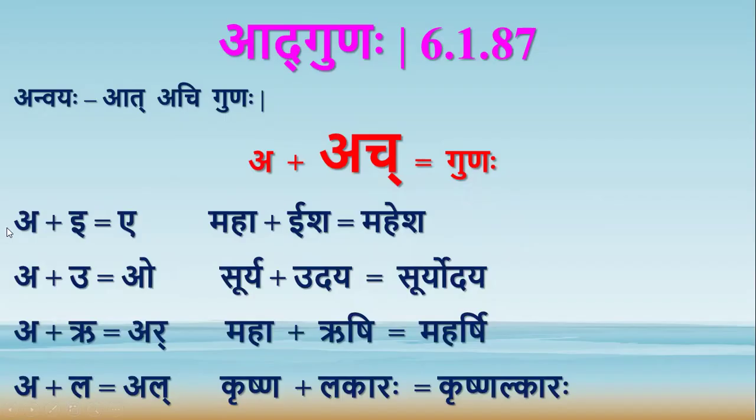I have not taken a plus a combination or a plus ā combination, or a plus e combination, a plus ai and a plus au combinations. What happens in those cases? What are the guna letters that come as adesha? Are there any other adeshas that come there? We shall study that in tomorrow's class.